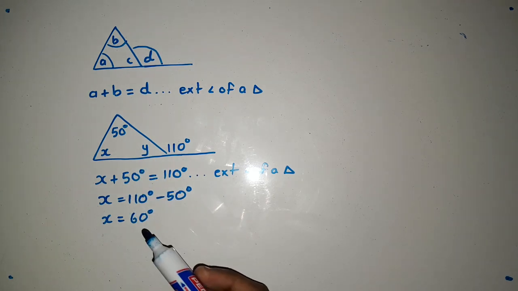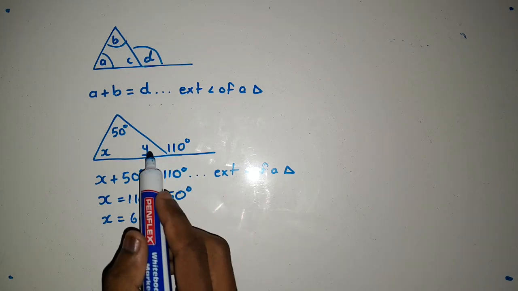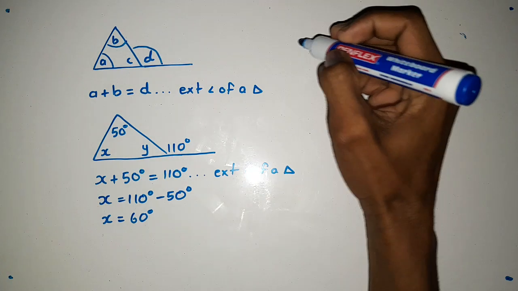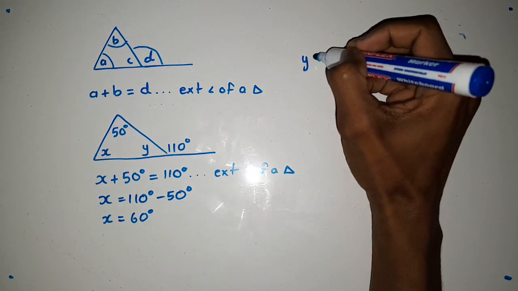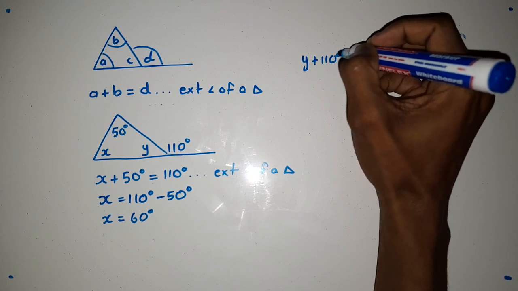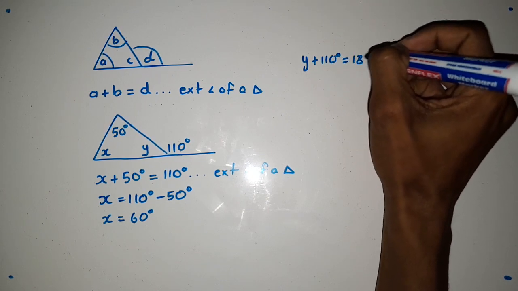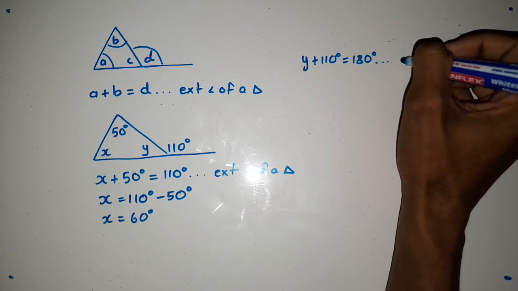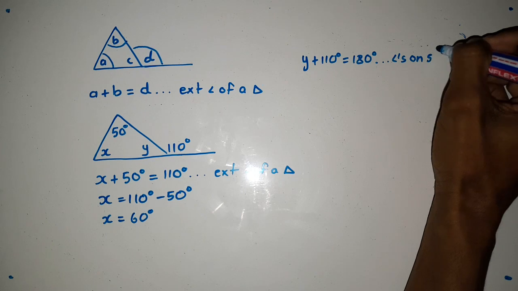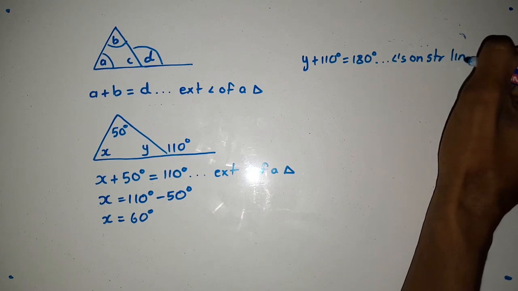To get y, it's so simple. You can say y plus 110 is equal to 180 degrees. Why? We have angles on a straight line.